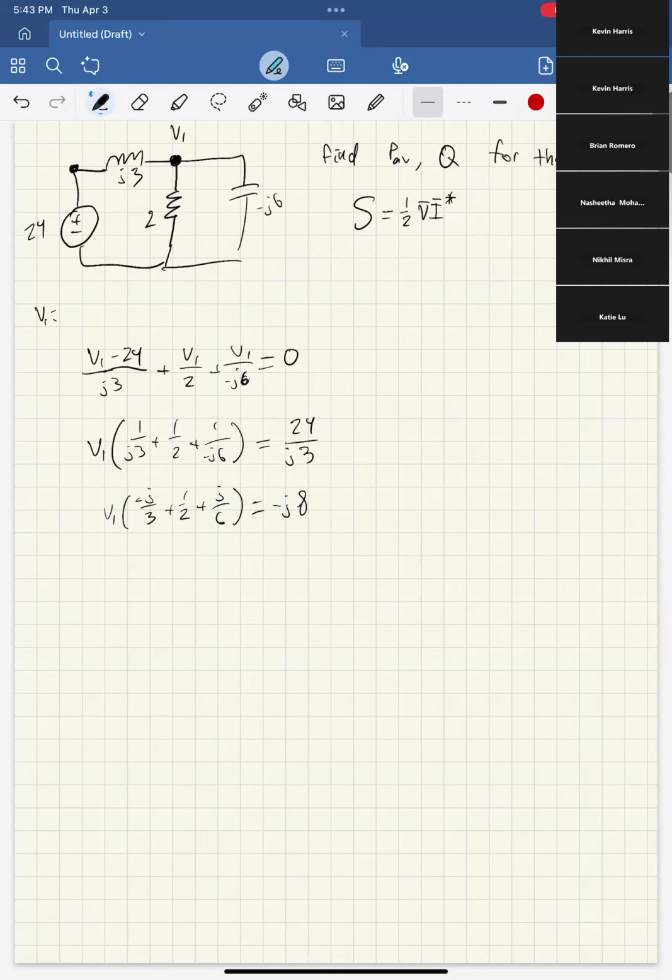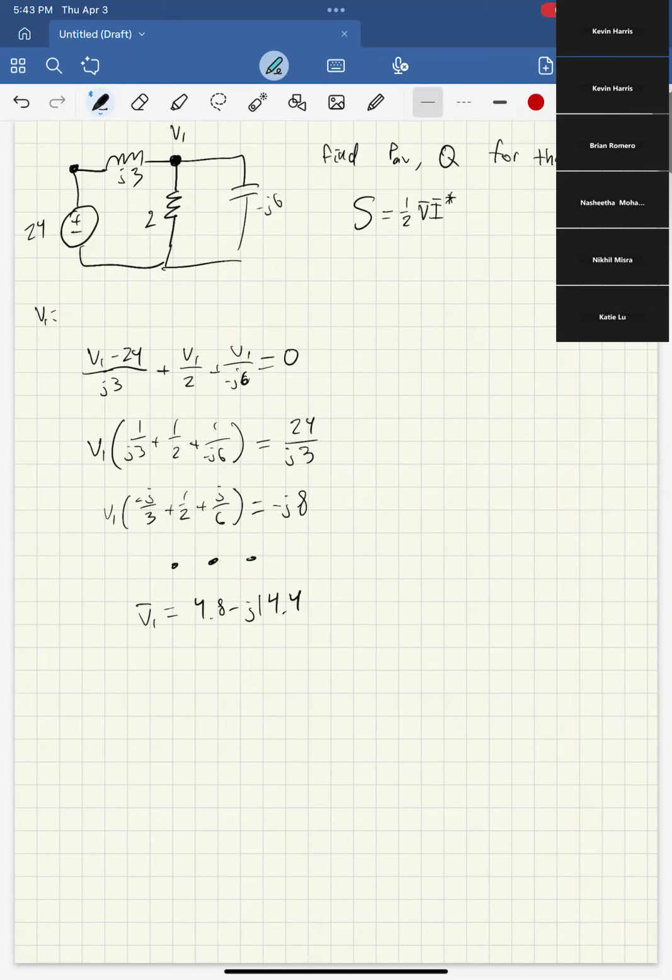When we make it decimal form, we get, I'll say dot, dot, dot, because you should know how to do this. I can't really force you to learn how. We get that V1 equals 4.8 minus j14.4. You can get that directly on your calculator. Well, that's assuming you have a TI-84, which I guess is an unfair assumption for some people. My bad.